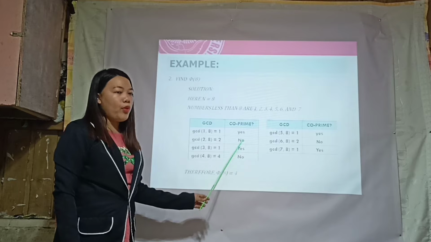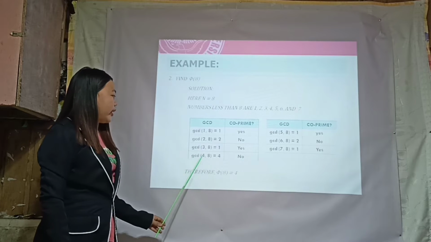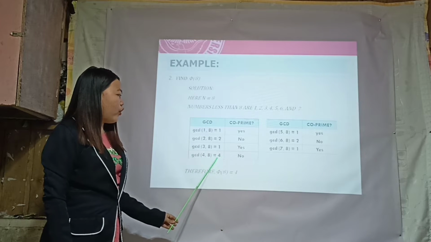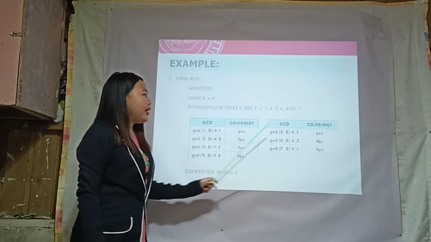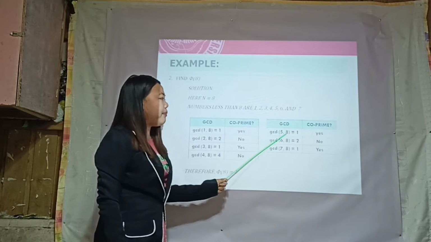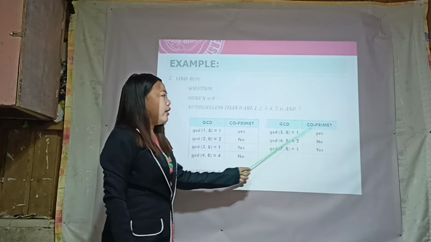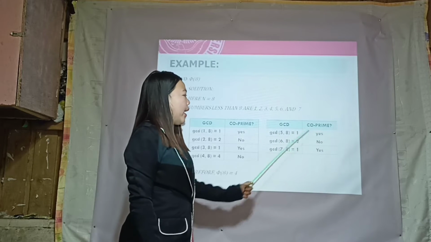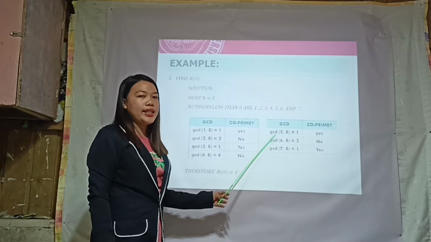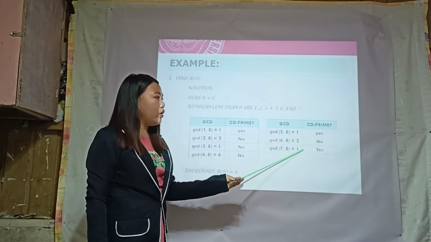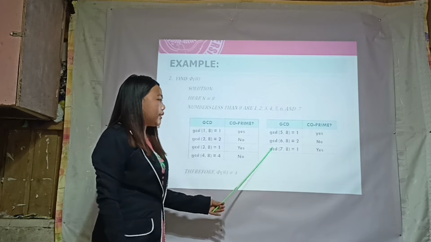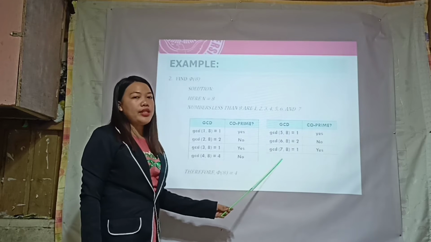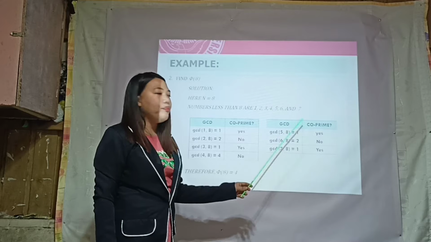It is co-prime. And the GCD of 4 and 8 is equal to 4. Therefore, it is not co-prime. Next, the GCD of 5 and 8 is equal to 1. Therefore, it is co-prime. And the GCD of 6 and 8 is equal to 2. Therefore, it is not co-prime.